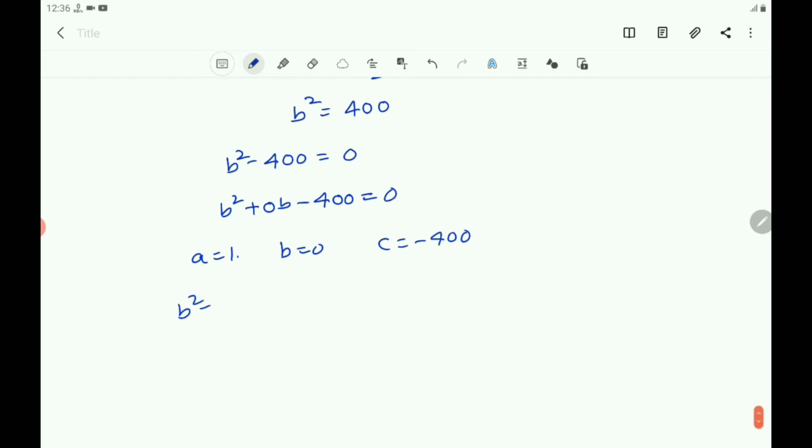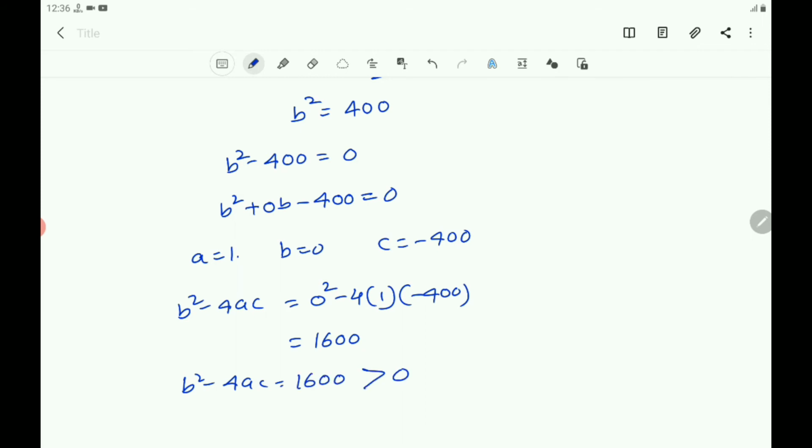Then b square minus 4ac is 0 square minus 4 into 1 into minus 400. Then you will get 1600, which is greater than 0.